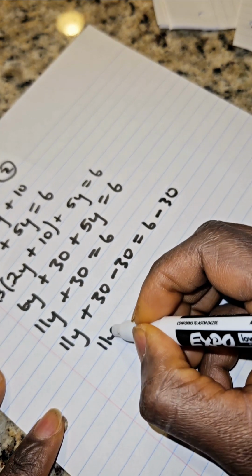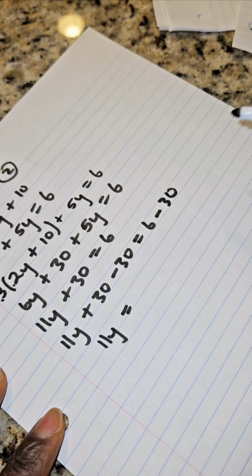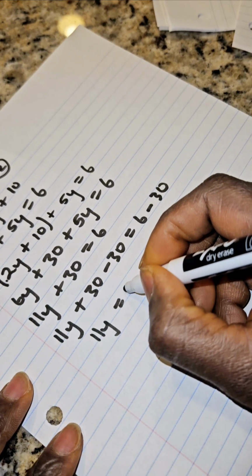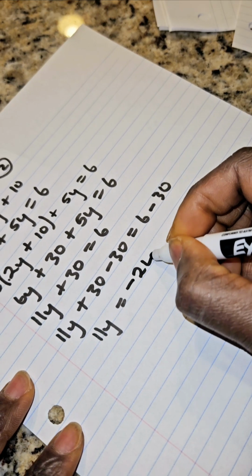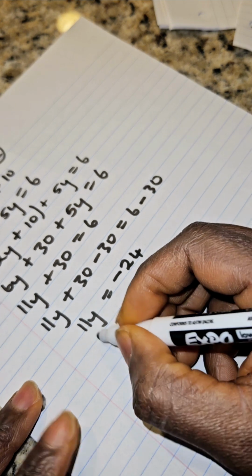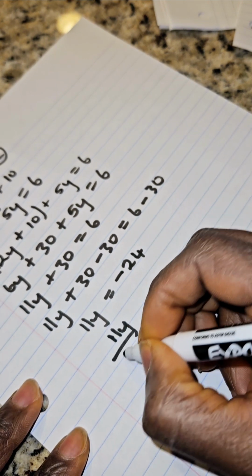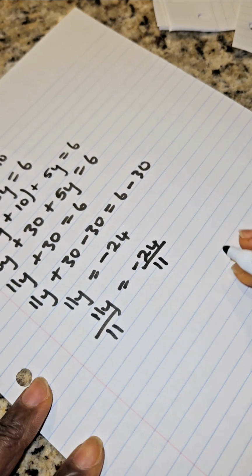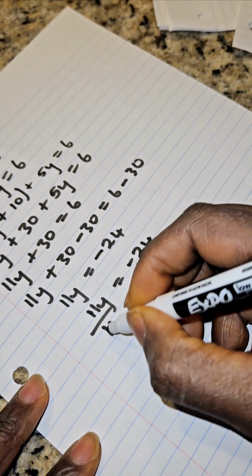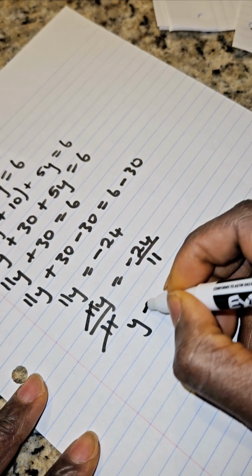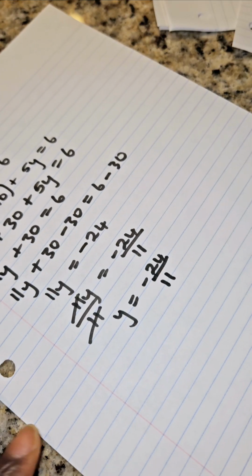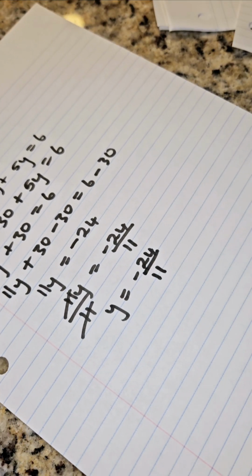So here I have 11y equals 6 minus 30, which is negative 24. Now I divide through by 11: 11y divided by 11 equals negative 24 divided by 11. So y will be equal to negative 24 divided by 11. I'm sorry, it was such an example that comes with huge numbers.